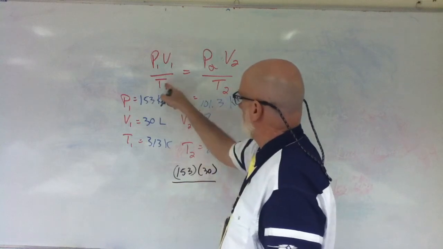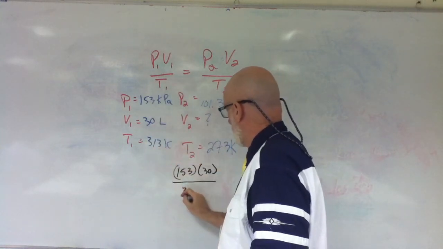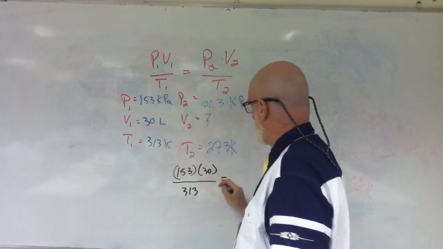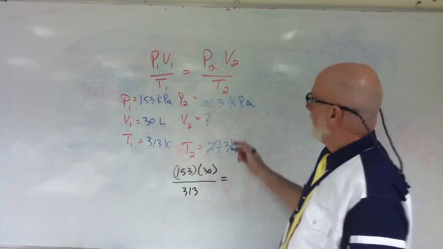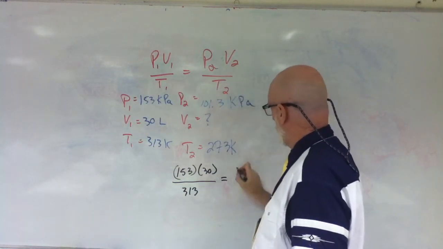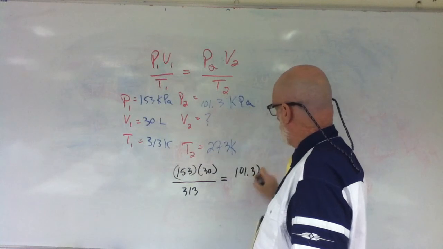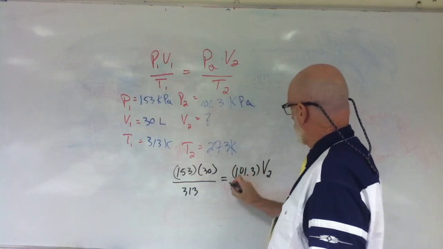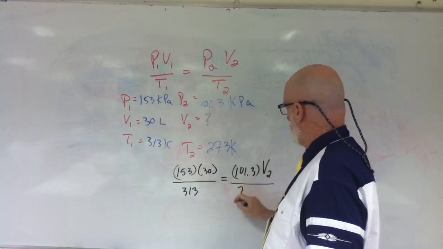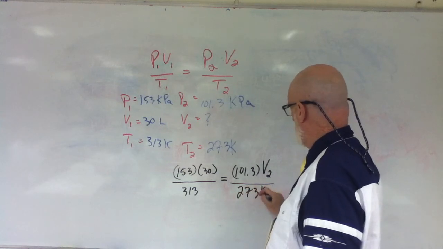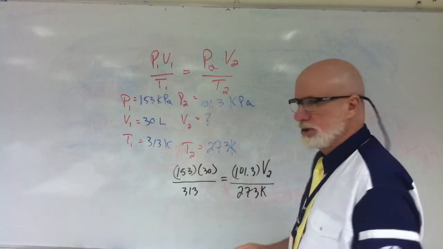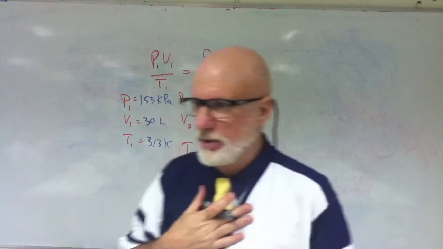I'm going to say temperature is 313. And P2 is 101.3. V2 is what I'm calculating. And 273.